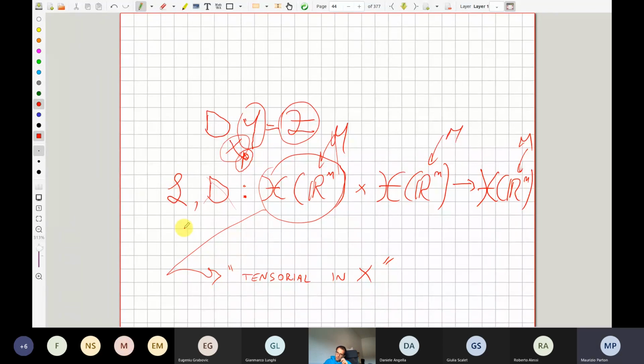And now, what we are going to use is something more general, something that here has vector fields on M, and here has vector fields no more on M, no more on Rn, but sections of the tangent space to Rn.